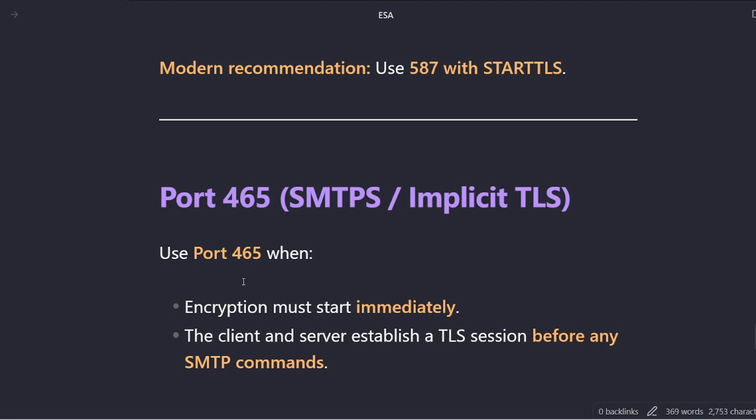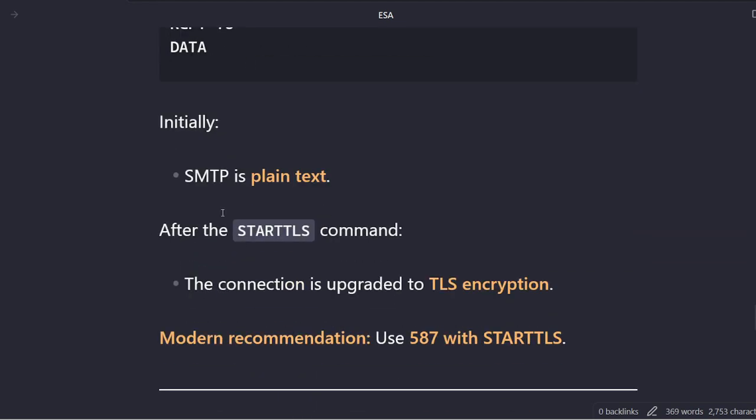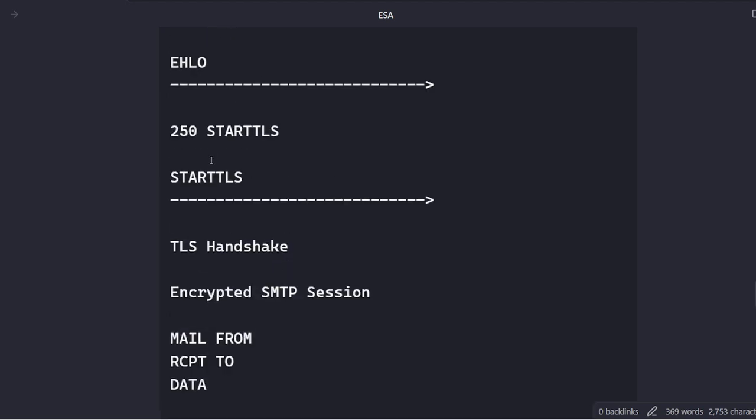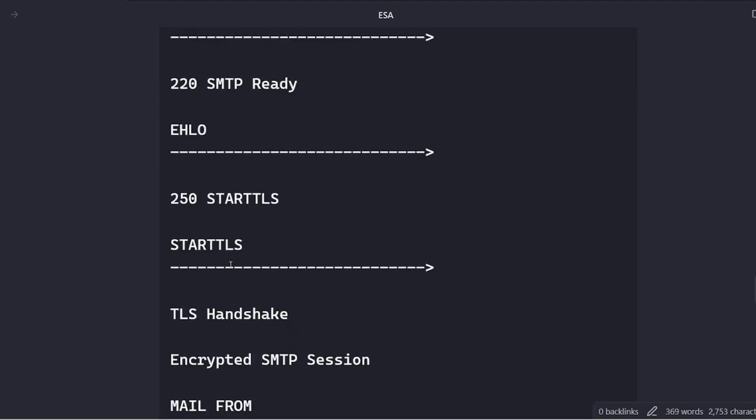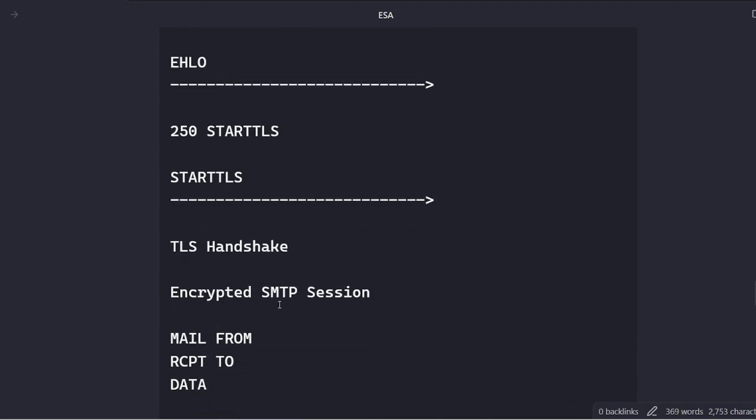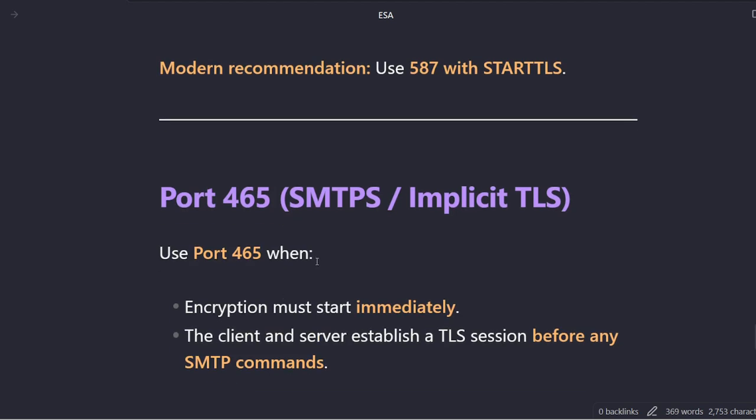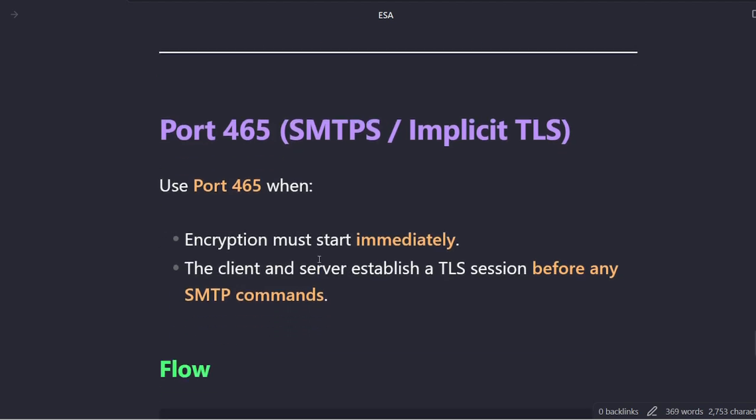Like in our previous case, in 587, SMTP is first in plain text. After the STARTTLS command, encryption starts, the TLS handshake starts, and the encrypted SMTP session starts. But what if I want everything to start in an encrypted manner from the very beginning? In that scenario, we go with 465.